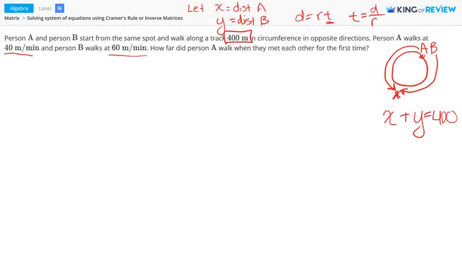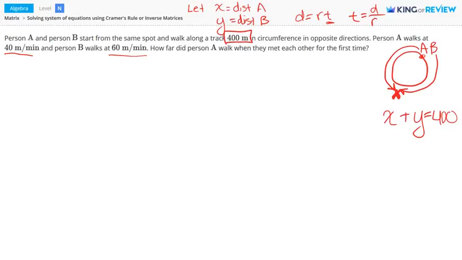The total amount of time that Person A and B are walking is going to be equal because they both start at the same time and they both meet here at the same time. So if we can figure out the time Person A walks, we can set that equal to the time Person B walks, because they start at the same time and they end right here when they meet at the same time. So let's do that.